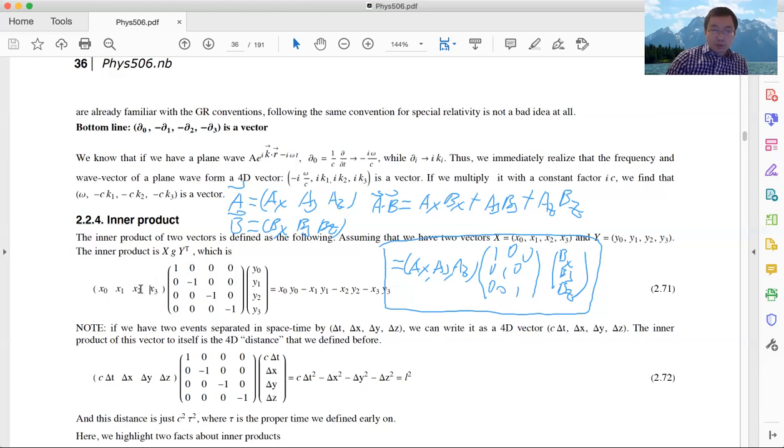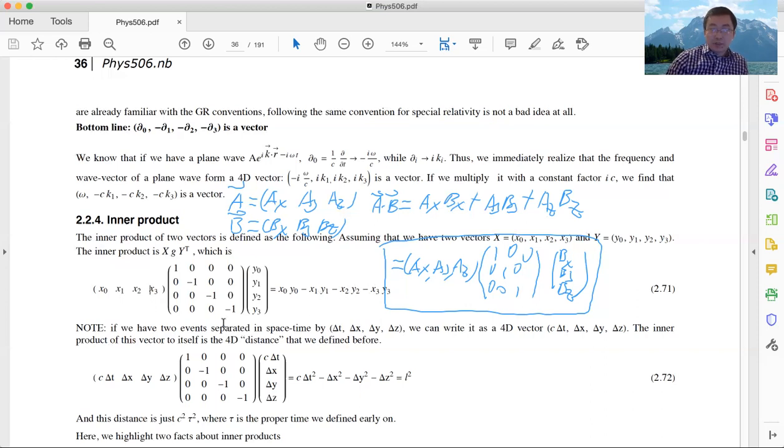We can write down this matrix multiplication very straightforwardly. It's very similar to the 3D inner product: the first components multiplied together, second components multiplied together, third components, and last components multiplied together. The only difference is that in 3 dimensions we add the multiplication of all the different components, but in 4D we add the zeroth component, then subtract the first, second, and third components.